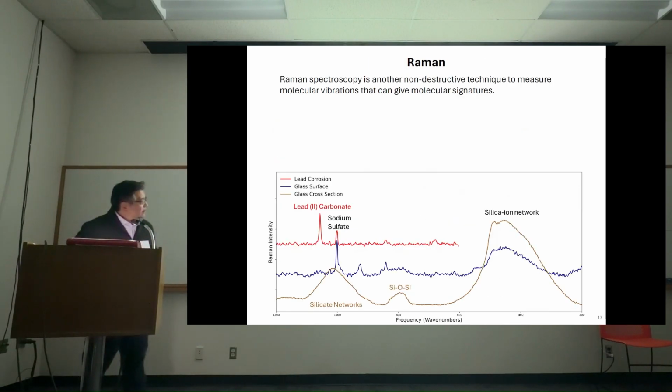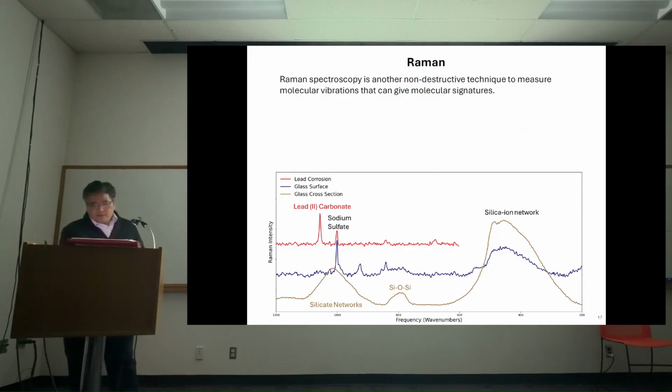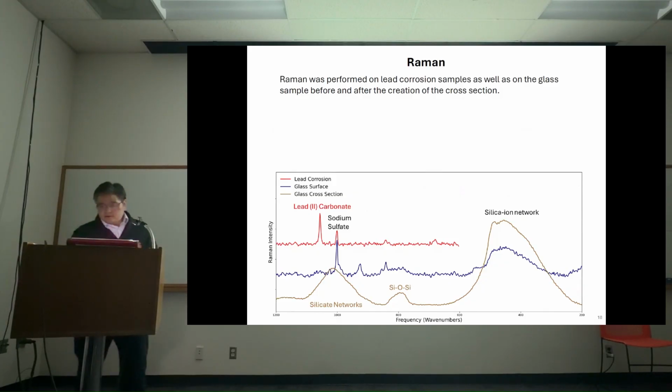My colleague Erin Birdsall then provided us the Raman data. This is another non-destructive technique that can measure the molecular vibrations to give us molecular signatures. First, she did it on the surface as is before we embedded it, and we can detect the lead corrosion, which was lead carbonate, and she can also see the glass.